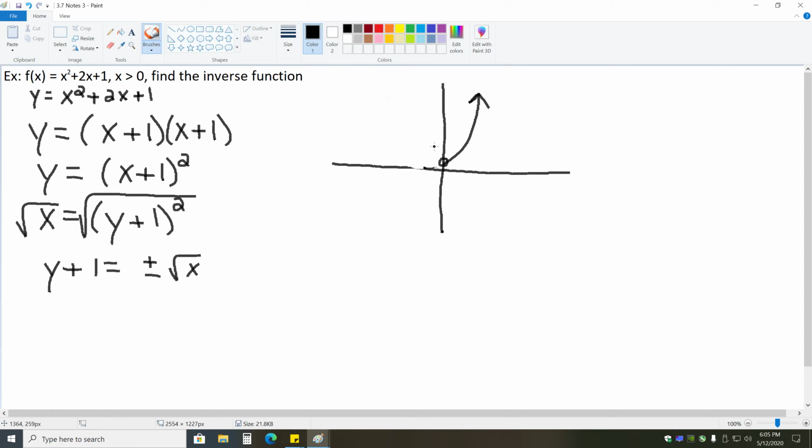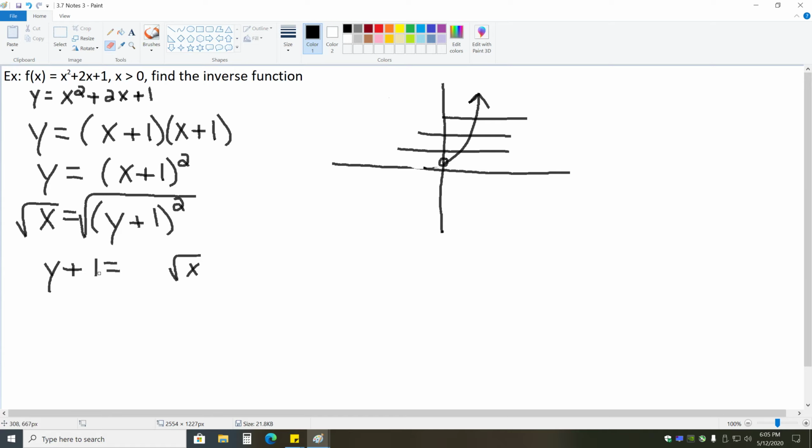Does this pass the horizontal line test? Yes, it only ever intersects the graph at one point. So the inverse will exist because we only have the positive x answer to deal with. We don't have to worry about this negative answer.